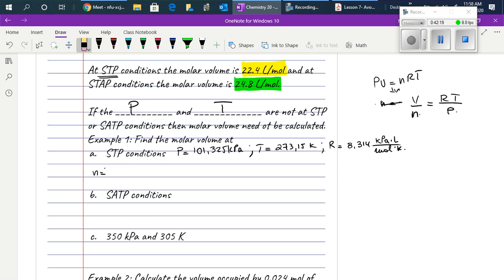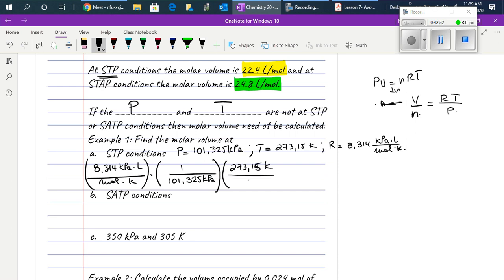If we use unit analysis, then we will have 8.314 kPa·L over mole K times 273.15 K over 101.325 kPa.